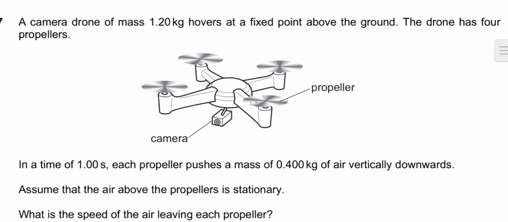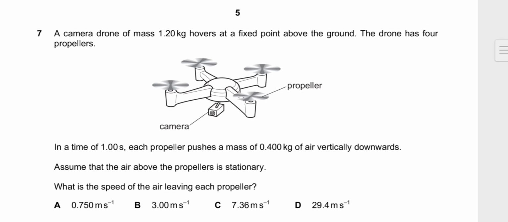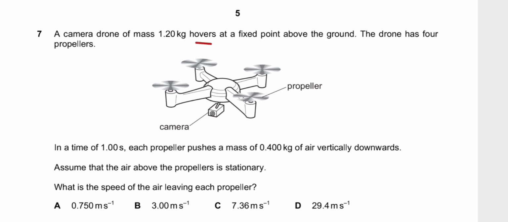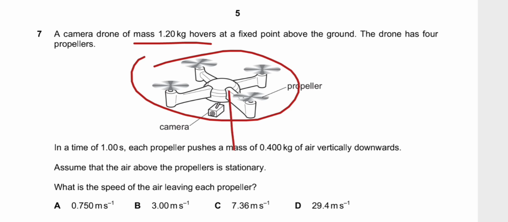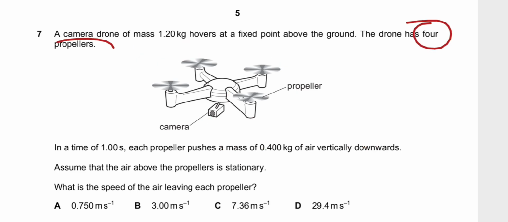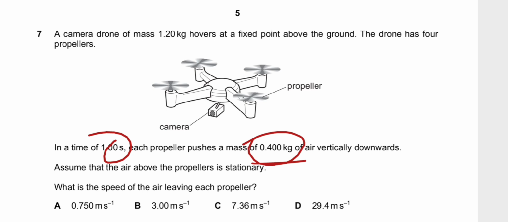Okay, moving on to number 7. We're given a camera drone of this mass. All of this weighs 1.2 kgs. We're told that it has 4 propellers: 1, 2, 3, 4. In a time of 1 second, each propeller pushes a mass of 0.40.